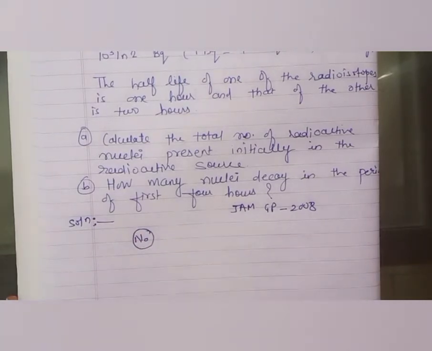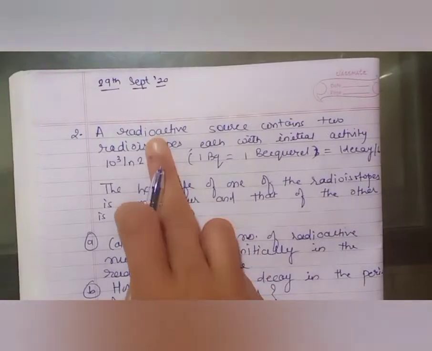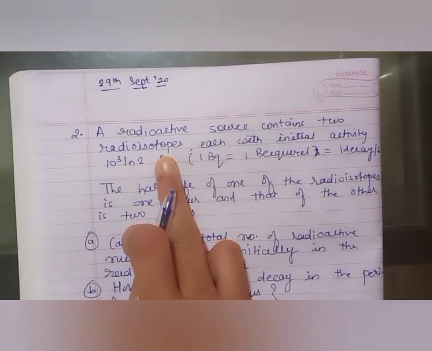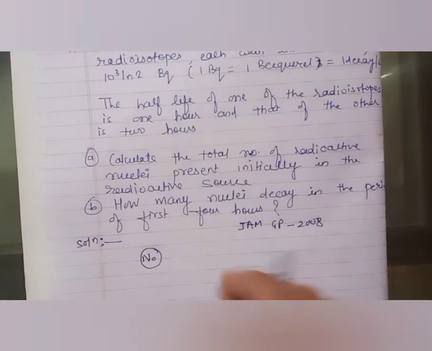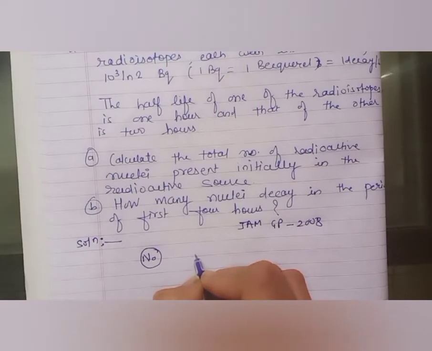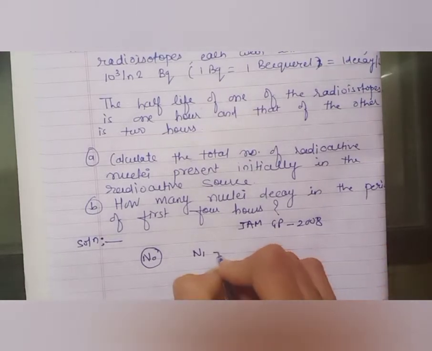Okay. Now what is given? A radioactive source contains two radioisotopes. So suppose the initial number of nuclei in the first radioisotope is N1, and the initial number of radioactive nuclei present in the other radioisotope is N2.